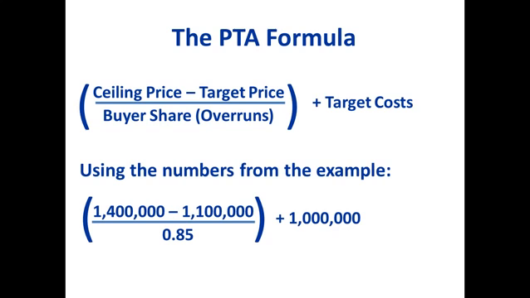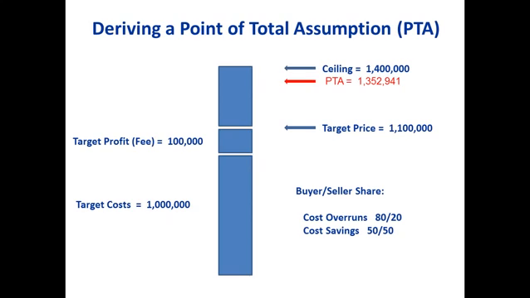Divide that by, and notice, divide by 0.85, and then add a million to that. What you get is 1,352,941. It's important to remember to divide by the 0.85, not multiply by it. So, as we saw before, the point of total assumption in this example is 1,352,941.